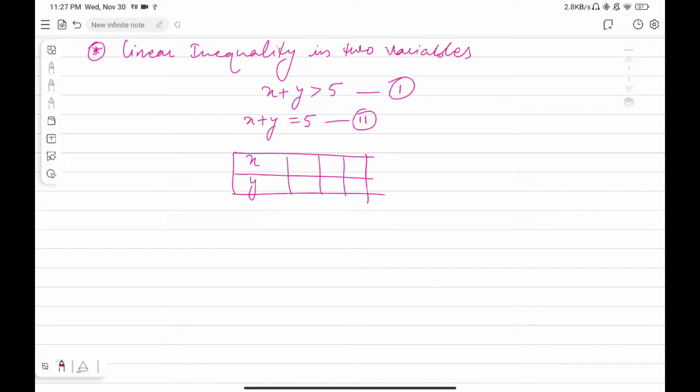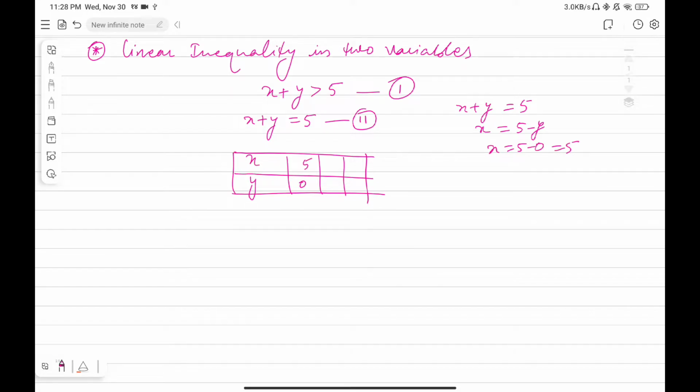As we have the equation x plus y equals 5, we can either find x in terms of y or y in terms of x. That does not matter here. So let's put y equals 0. Then we get x equals 5. If we put y equals 1, we get x equals 5 minus 1, which is 4.